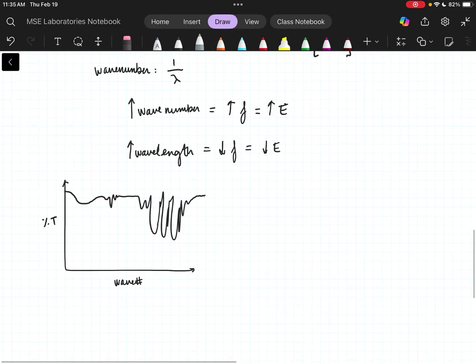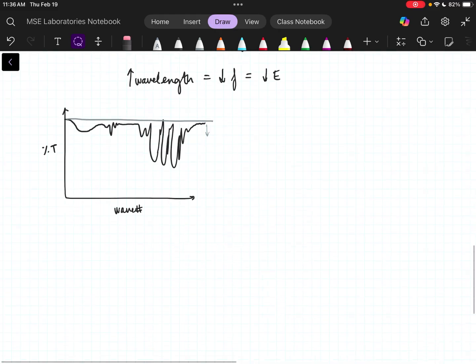So instead of having my baseline along the bottom, where I had essentially 0 for my baseline and I was moving upward from that, here my baseline is at 100% and my transmission is moving downward from that. So here I can see I've got some absorption because I'm lowering my transmission at those regions.